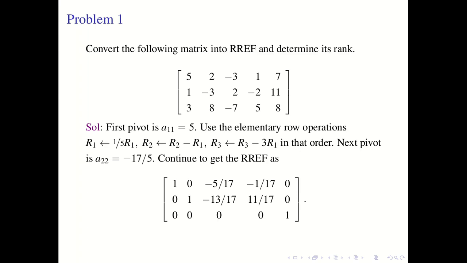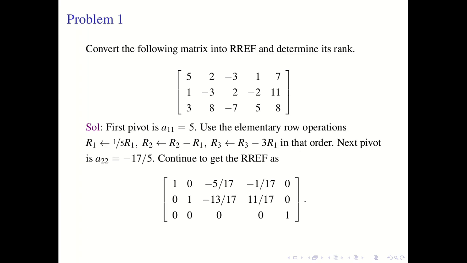Then you get 1, 0, minus 5 by 17, minus 1 by 17, and the second row will be minus 17 by 5 and so on.